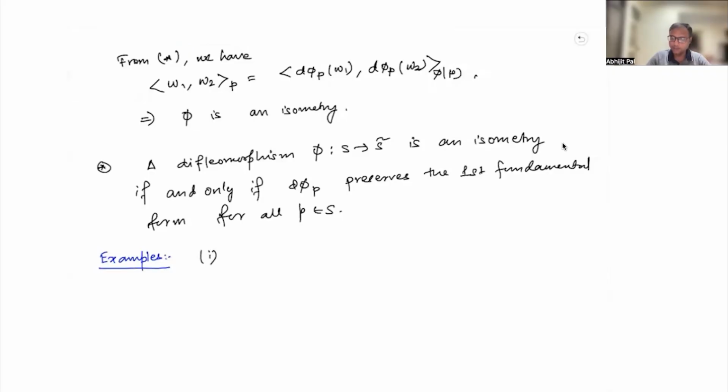If I take translation by vector A, it is an isometry of R2.